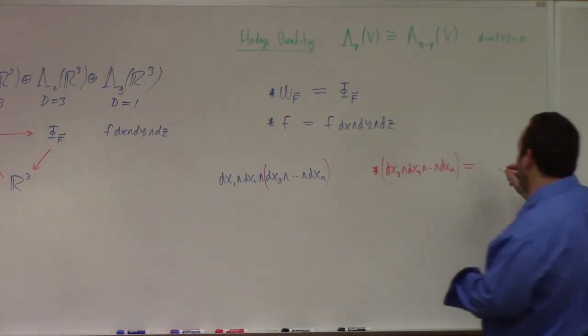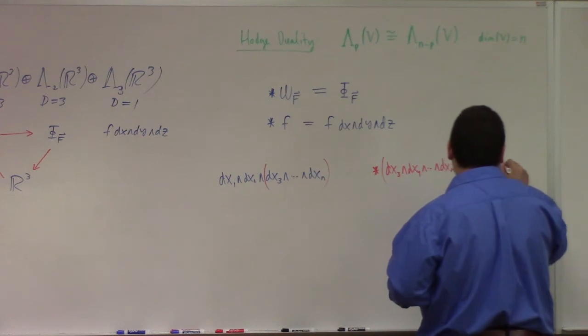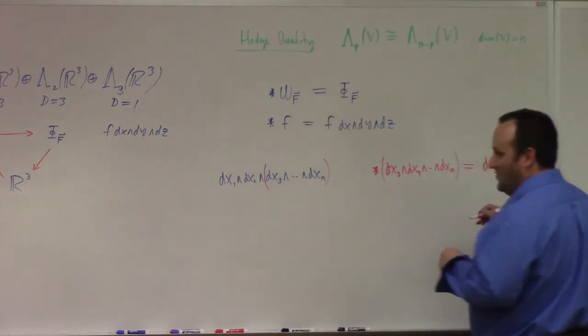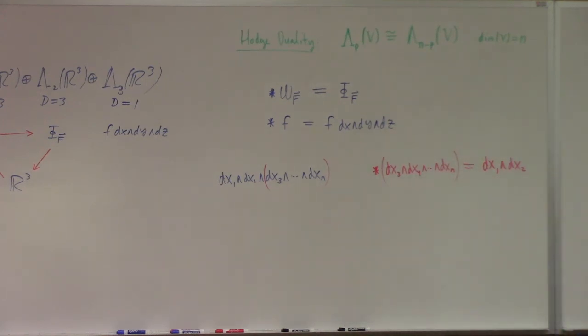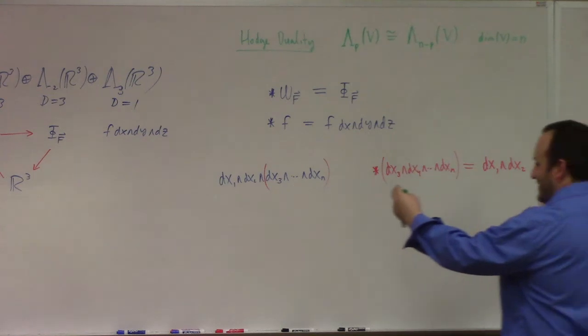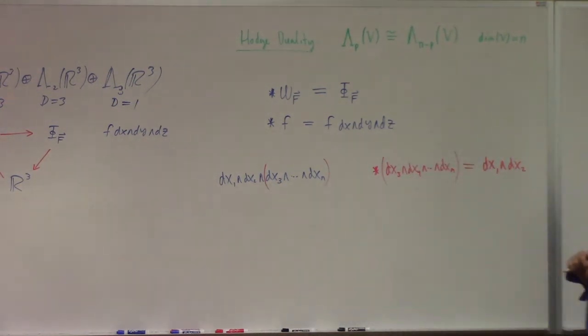Yes, it is dx1 wedge dx2. It's like the game you play with the snake, pushing it from one side to the other. Whatever's left over is the Hodge dual. But the order matters, so that somehow gets wrapped into this thing.